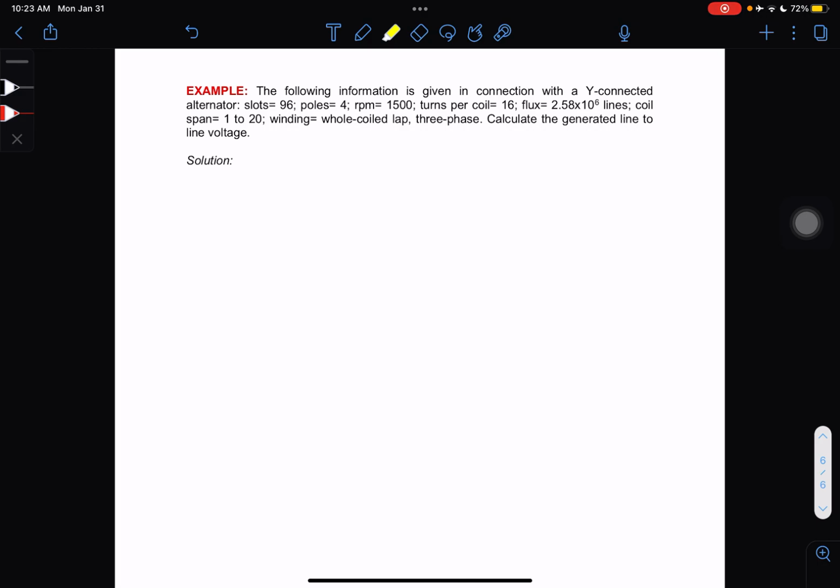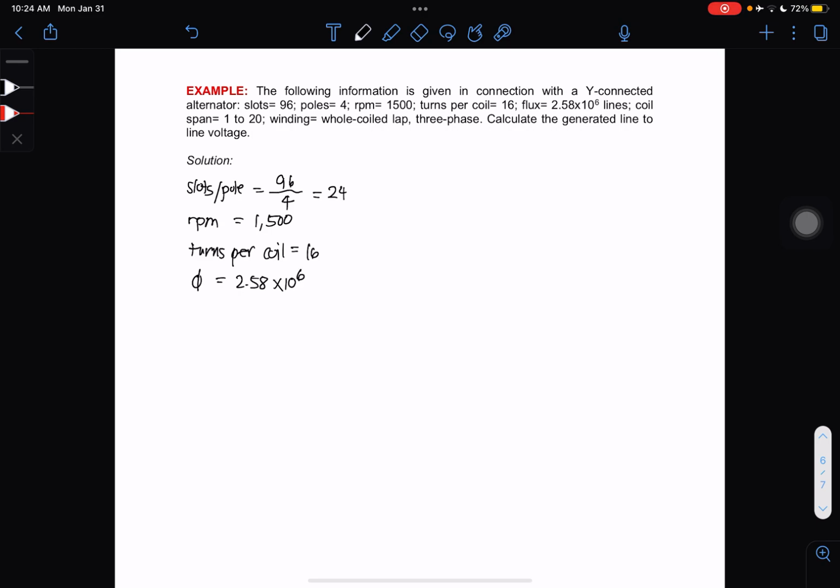Calculate the generated line-to-line voltage.